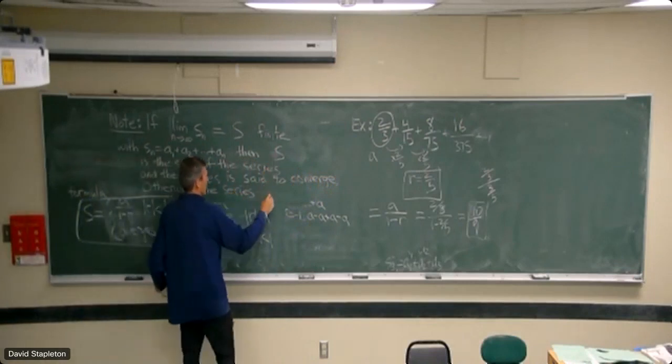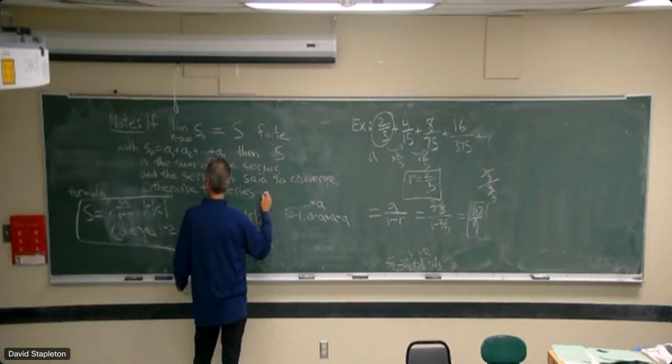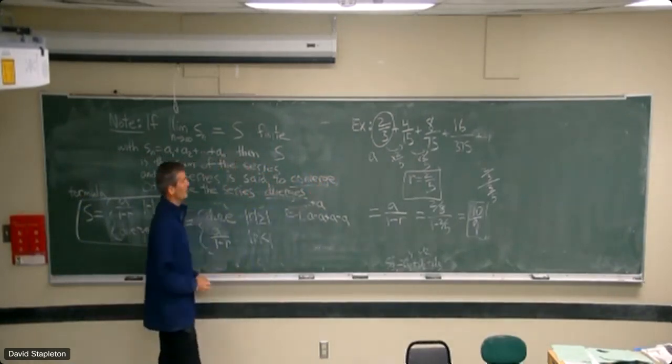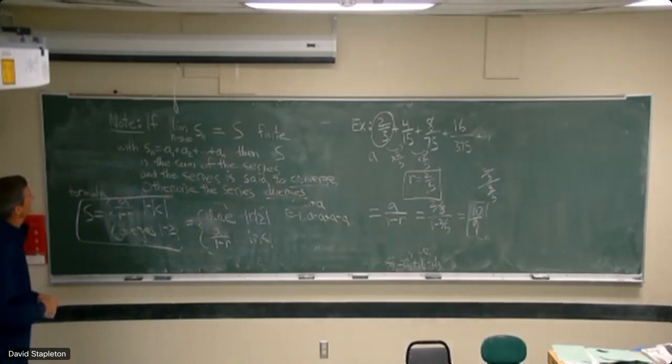So if you get a finite number, that's the sum and the series converges. Otherwise, the series diverges. So for like 10/9, we just say that would converge.